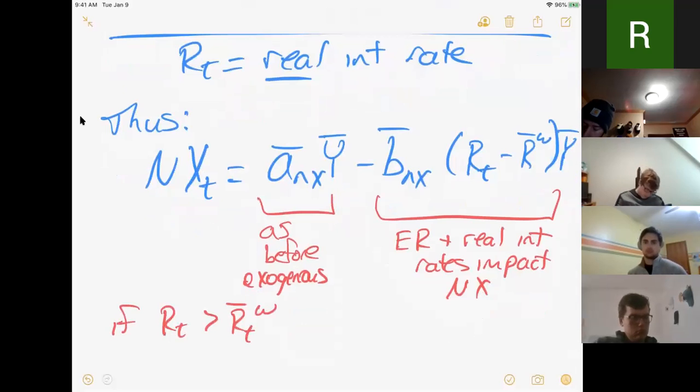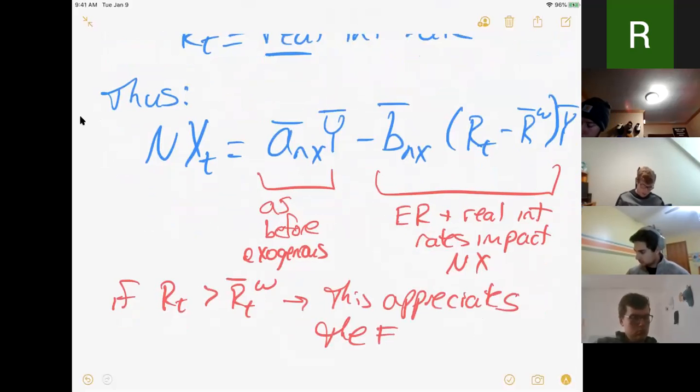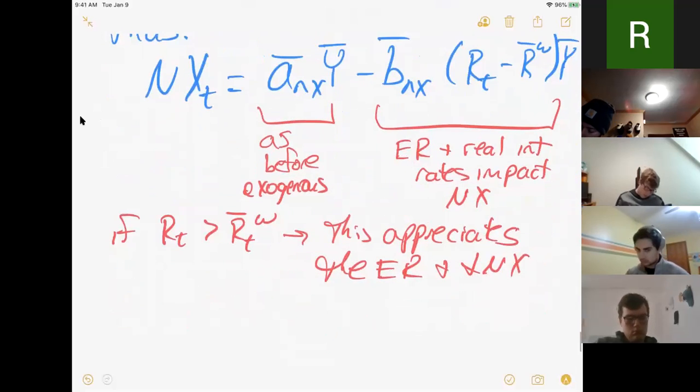What happens if our interest rate is greater than world interest rates? This appreciates the exchange rate and it reduces net exports.